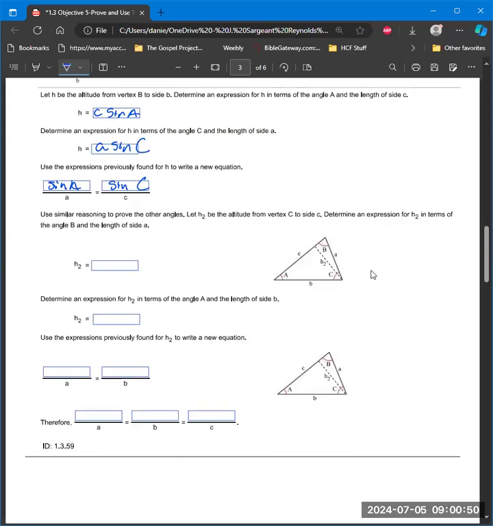In terms of side A and angle B, it's going to be A sine of B. And in terms of angle A and side B, it's going to be B sine of A. And so we have sine of A over A is equal to sine of B over B. But we already know sine of A over A is equal to sine of C over C as well. So all of these relationships here have to equal one another.